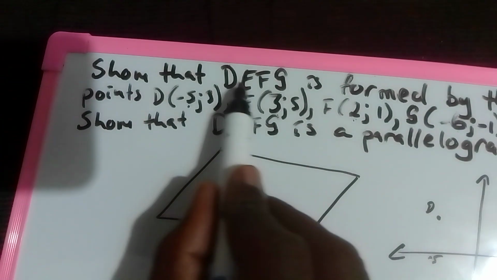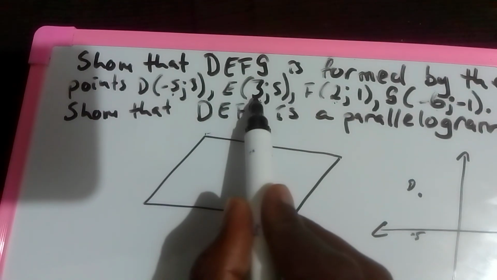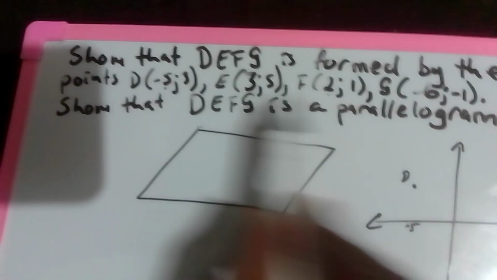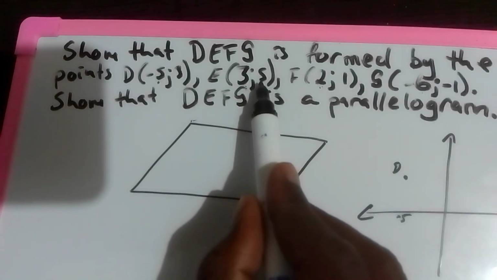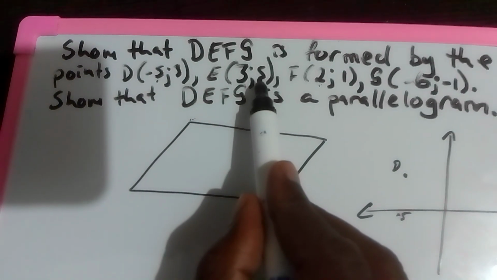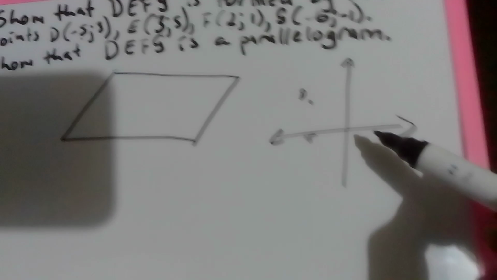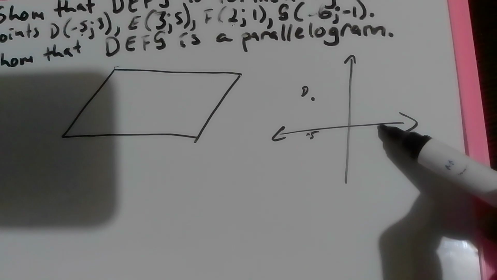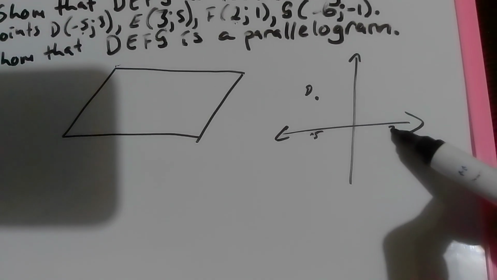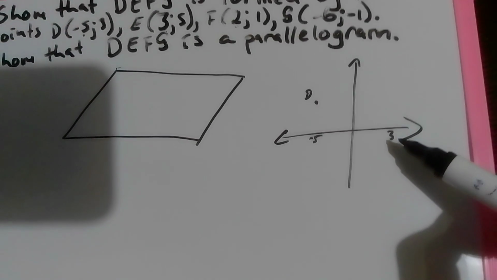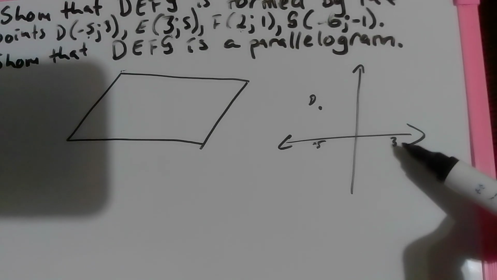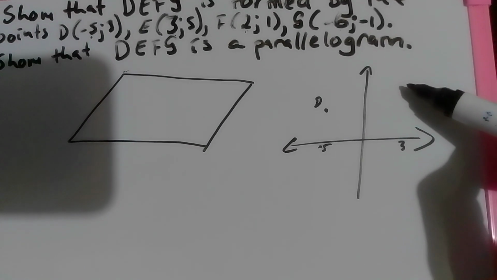And then from there, I've got point E, whereby I've been told that the x is +3 and the y is +5, right? So maybe the x is somewhere here. This is where +3 is found. And then I've got 5.